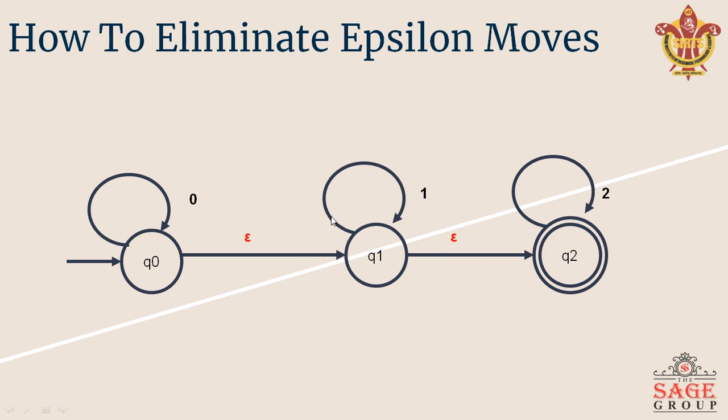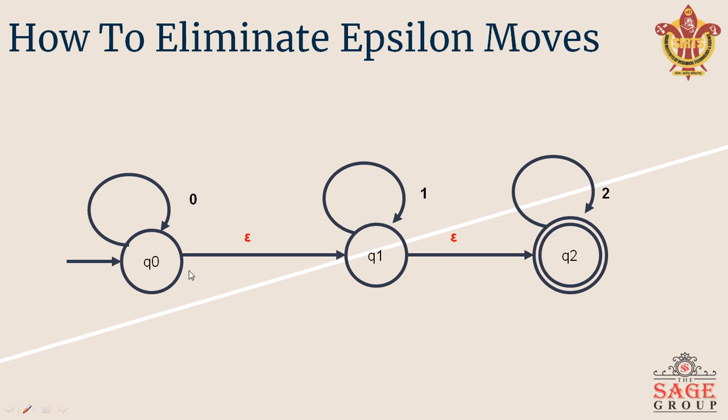The second rule says that duplicate all these edges. We'll have to duplicate all these edges starting from q0 without changing the edge labels. Let's try to understand this one.